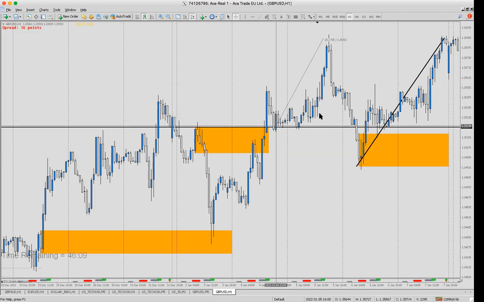And that would have been 70 pips from wherever you got in at. There was 70 pips available within that range. Price then sweeps all the stops again.